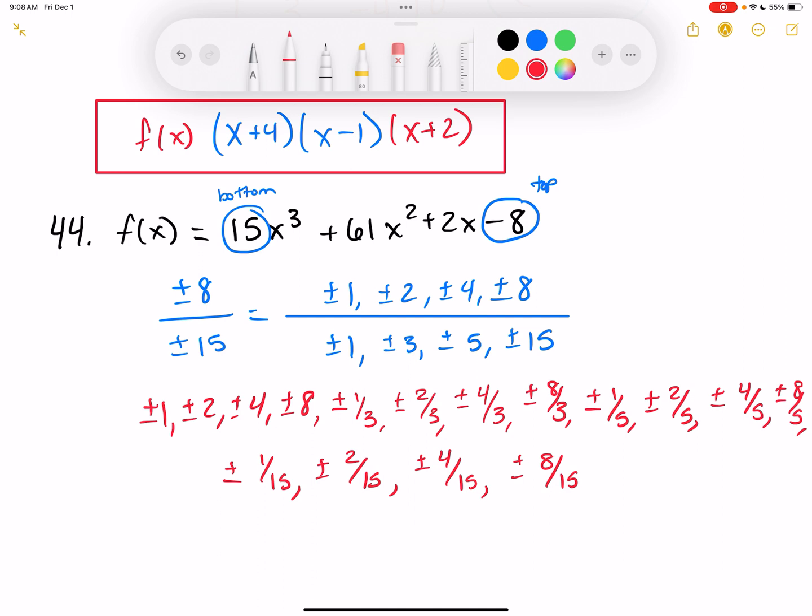So on your calculator, you would graph this. You'll just go back to y equals, clear that, and then type in what is written here: 15x cubed plus 61x squared plus 2x minus 8.